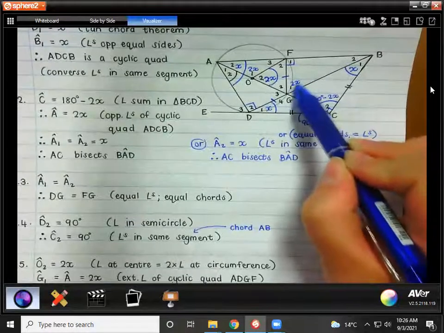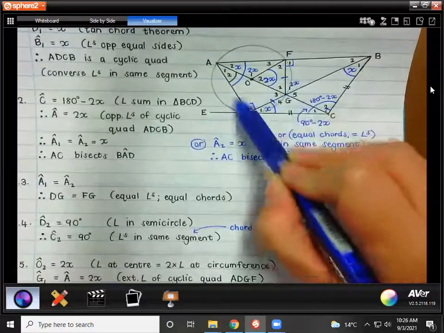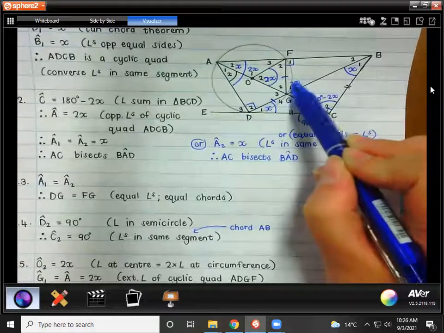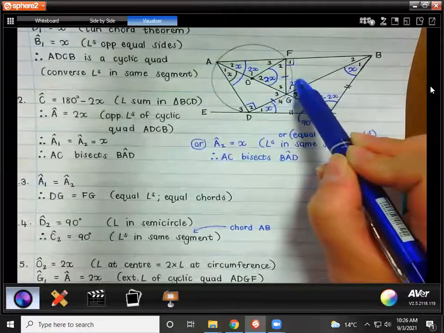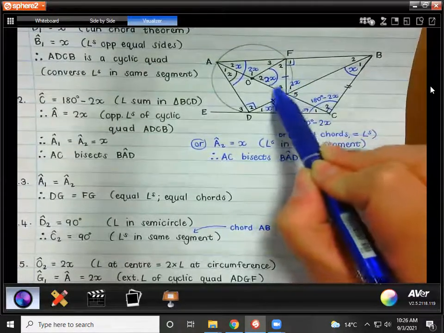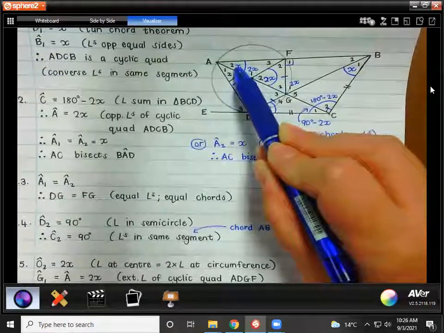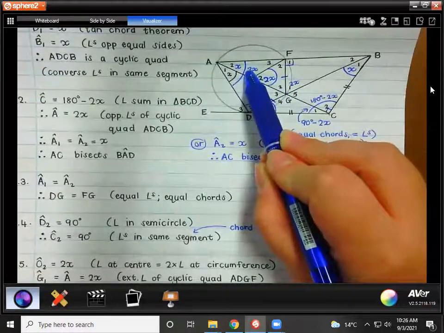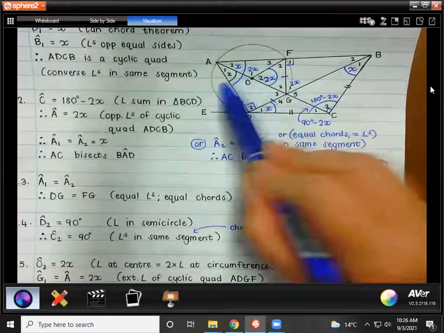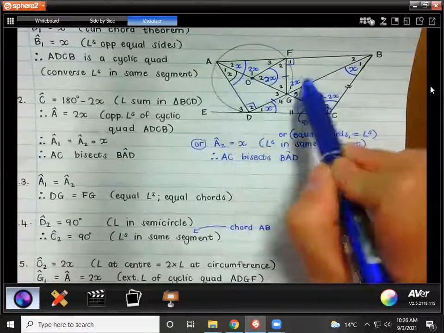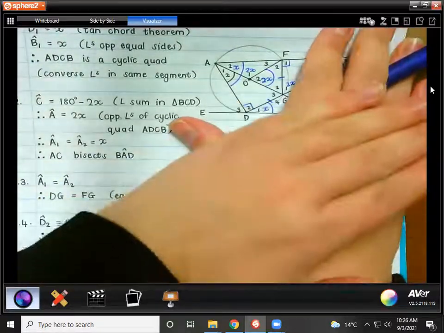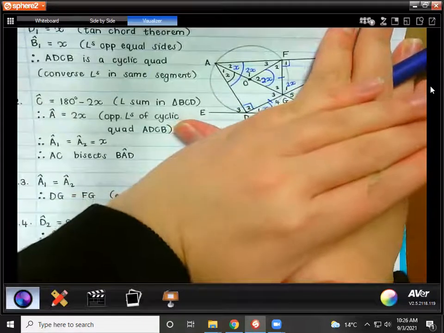And the exterior angle is supposed to be equal to the opposite interior angle. Now the angle next to it is that angle there, and the opposite angle is then 2x. So G1 is equal to 2x, that whole angle, because it is an exterior angle of that cyclic quad, the one that's in the circle.